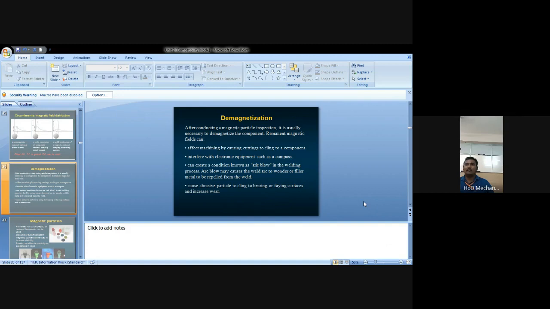The arc blow may cause the weld arc to wander or filler metal to be repelled from the weld. If we go on to joining the material after the testing, that will affect the welding process, and it will also cause abrasive particles to cling to bearing or spraying surfaces and increase the wear. So we must demagnetize after the MPI inspection is completed.